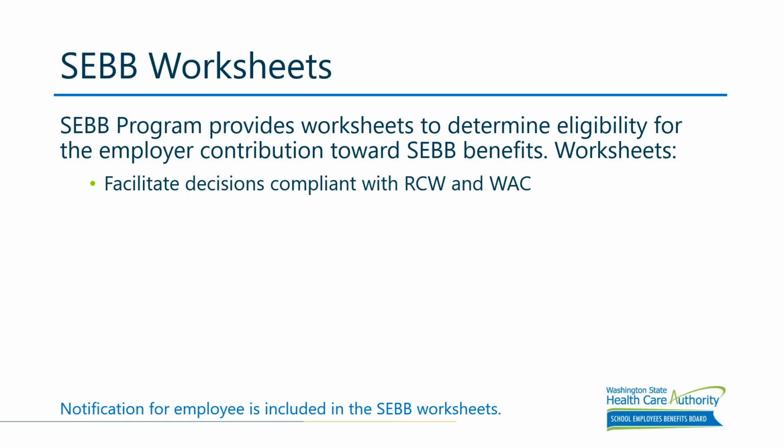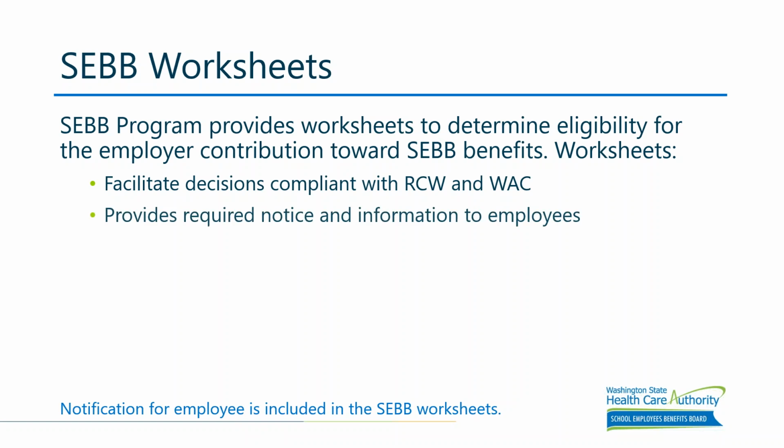You're using them when you're hiring new people, using them when you're losing somebody, they're no longer eligible for benefits, but really these worksheets are to help you determine eligibility for the employer contribution. So anytime there is a change in eligibility, we want to use these worksheets. So the worksheets do facilitate decisions in compliance with RCW and WAC, so those rules that follow the SEBB program.